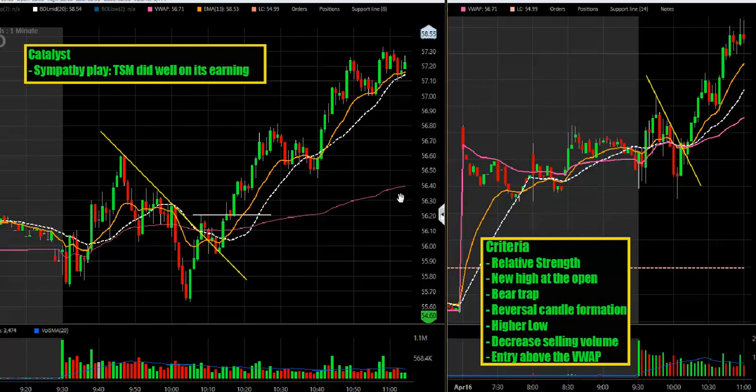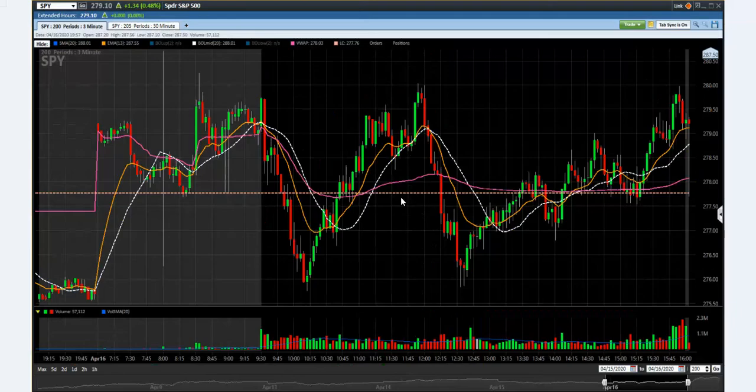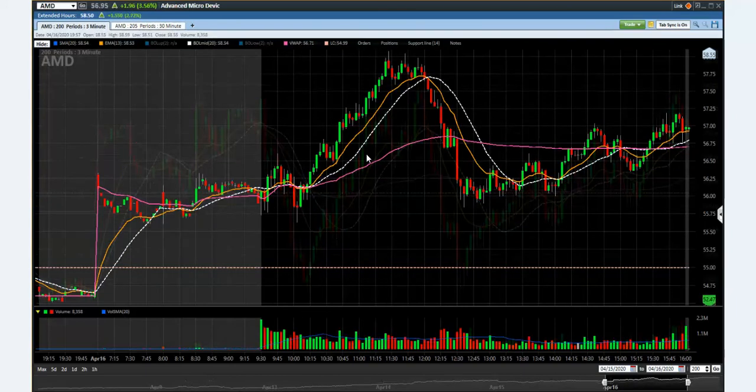But as usual, if you watch my videos, I like to trade with the S&P. As you can see here, when the S&P went down, the stock based out at the bottom and then started moving up. So I did a combination of the charts.